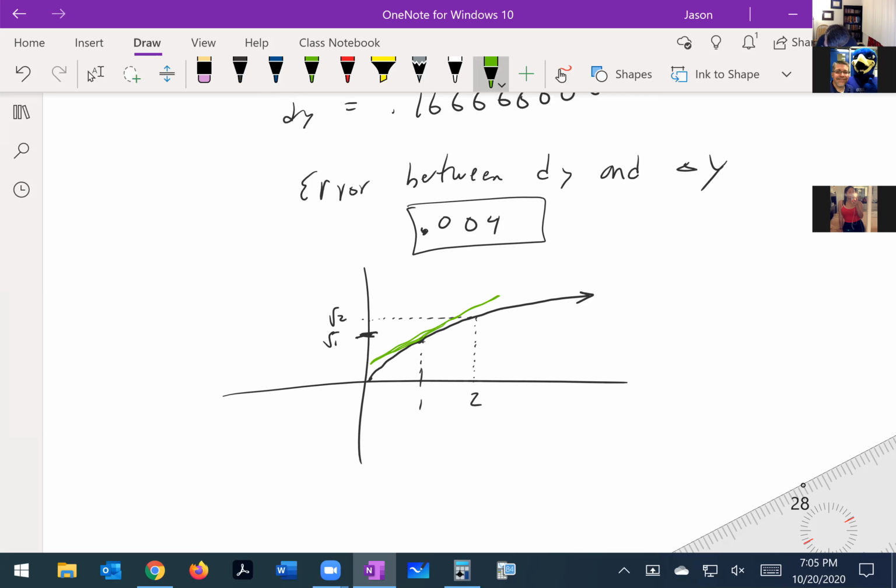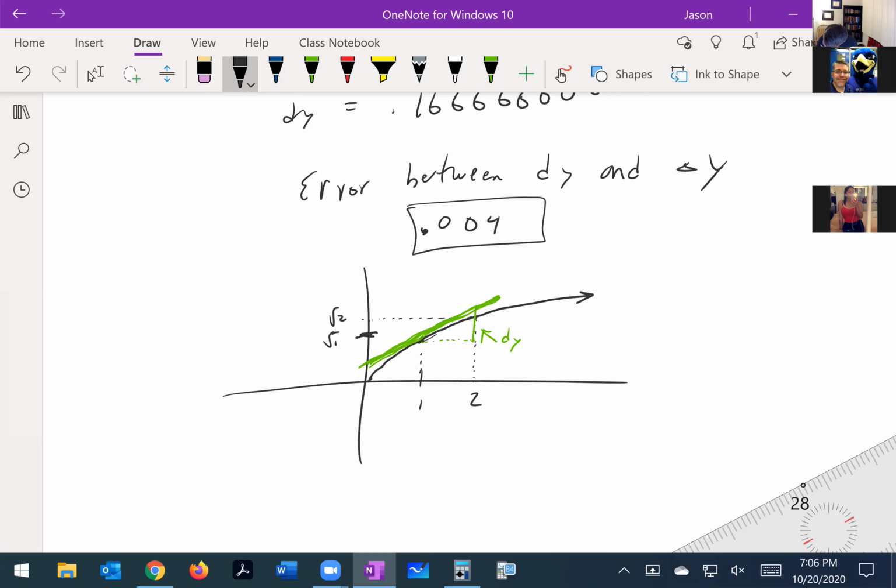It's the slope of this tangent line. Okay, the change in y with respect to the derivative, that's dy, is very similar to the change in y with respect to the secant, which is delta y.